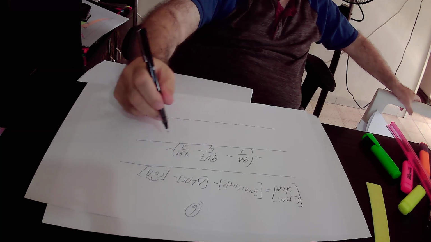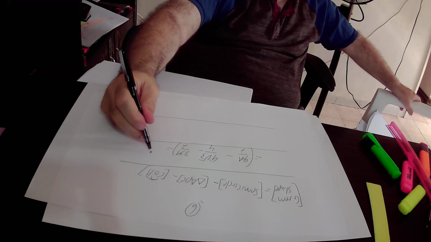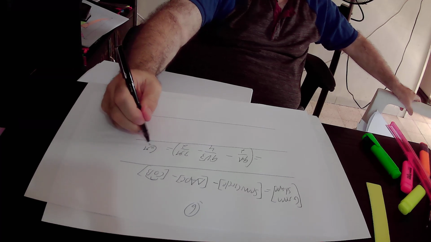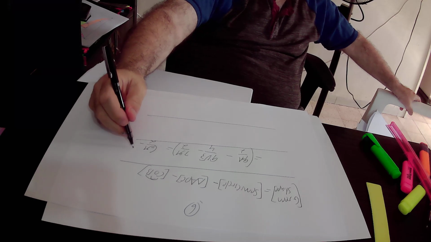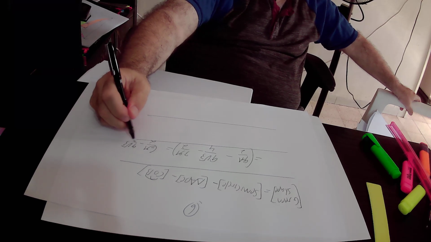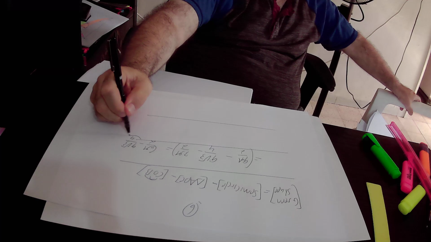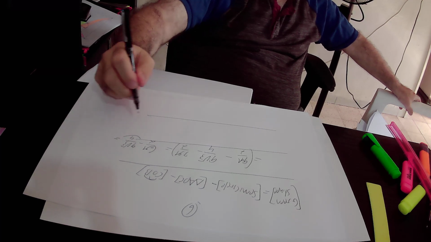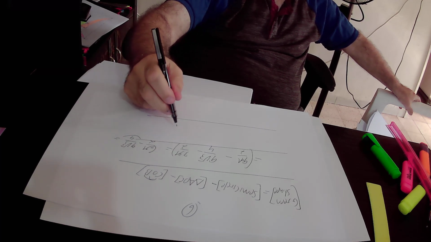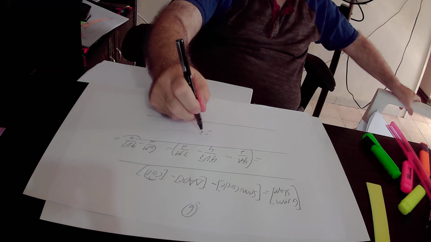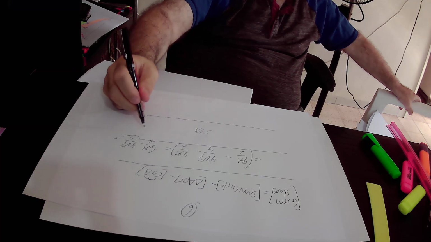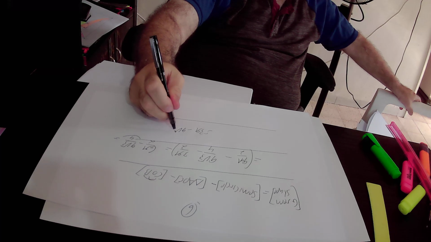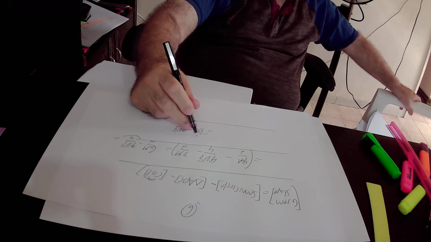So here 9 pi over 2 minus 3 pi over 2 is equal to 6 pi over 2, minus 9 times square root of 3 over 4. 6 over 2 is 3, so in total this expression equals 3 pi minus 9 times square root of 3 over 4.